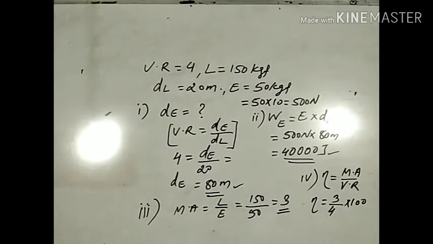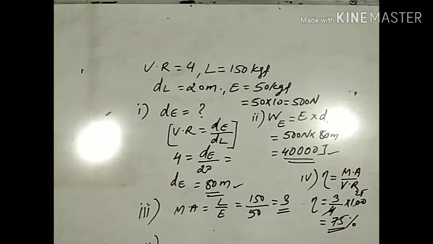When we express efficiency, it is always expressed in percentage. That is equal to 25 threes are 75. Efficiency is equal to 75%. All right?